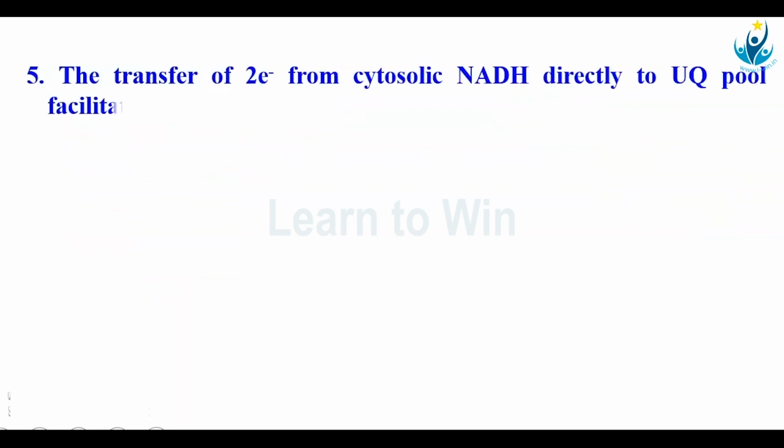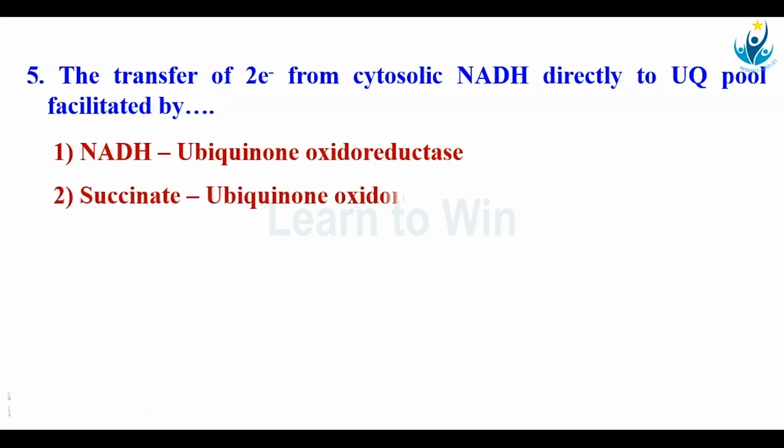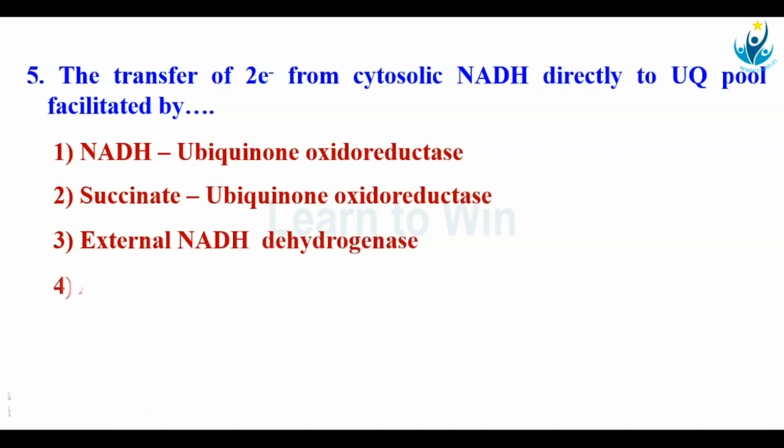So let's see the next question. The transfer of 2 electrons from cytosolic NADH directly to the ubiquinone pool is mediated by. This has come from our discussion of the chemiosmotic hypothesis. So who is facilitating it? NADH ubiquinone reductase, succinate ubiquinone oxidoreductase, external NADH dehydrogenase, ATP synthetase. I have just mentioned this.